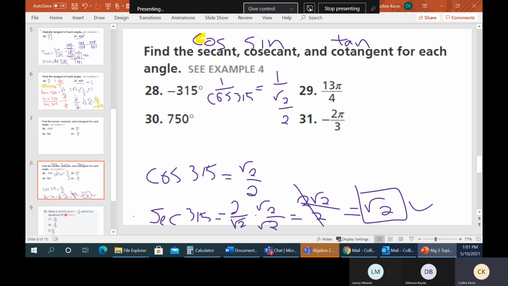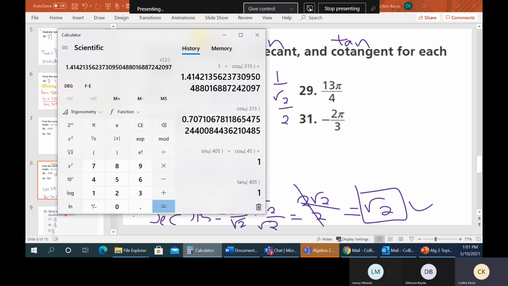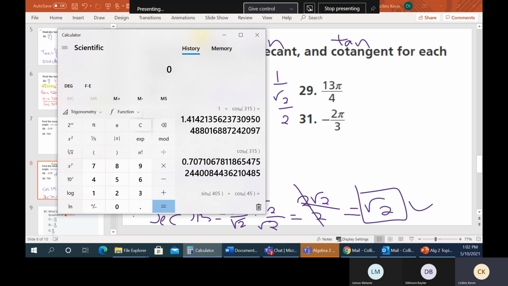So now we do the same thing with the cosecant. We're going to figure out the sine, so do the sine of 315. So calculator time. We do sine of 315, so let's clear it out. We go 315, do the sine, and we get negative square root of 2 over 2.